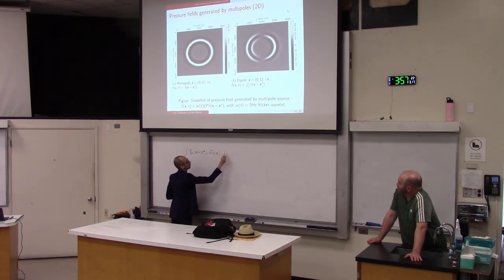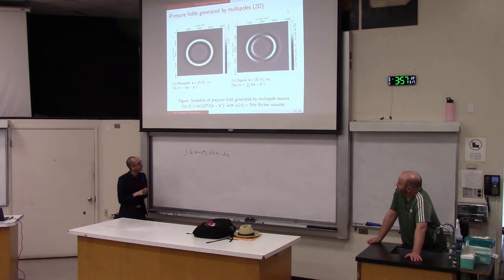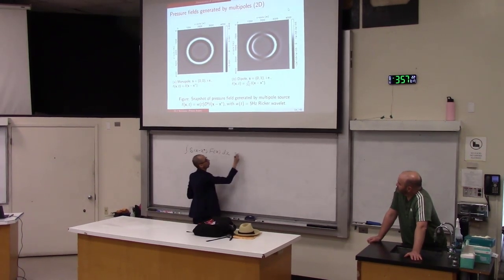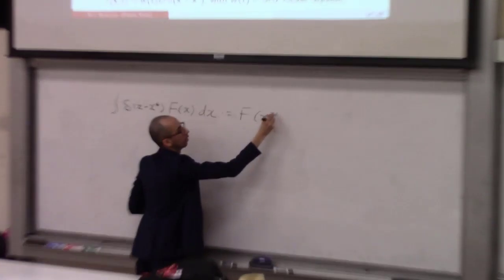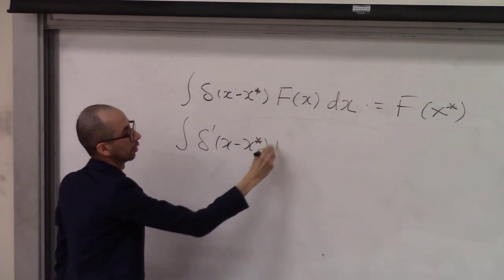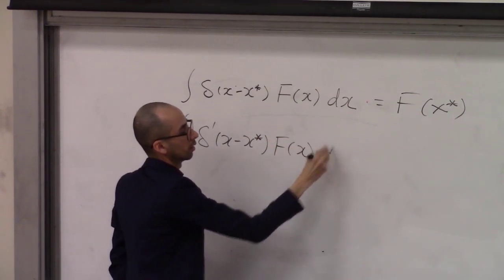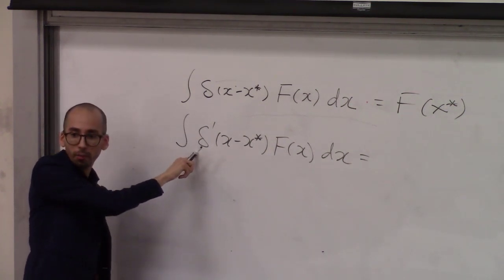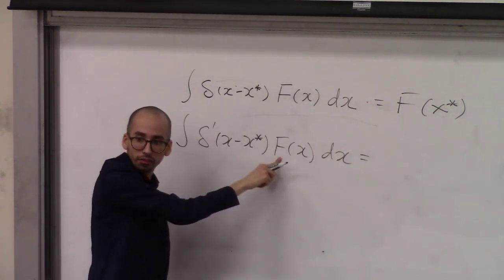The properties of the delta function. If you define the delta function as a pairing, we write it in integral form, but we really mean a pairing between a function and the distribution. And for the derivative, what you would do is integration by parts, move the derivative to the f term.